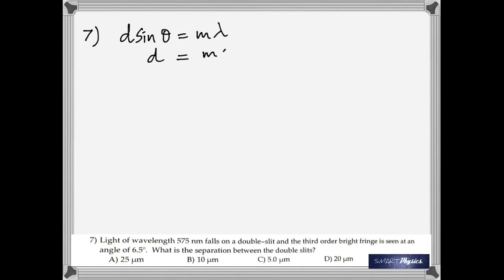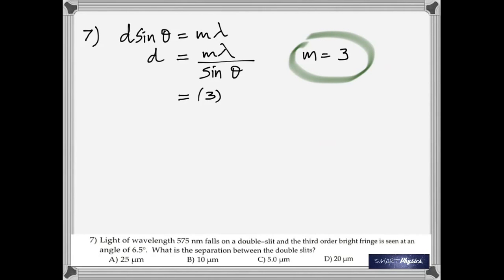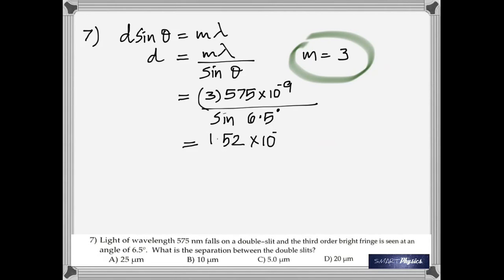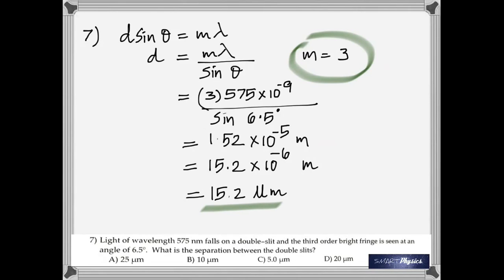It's talking about bright fringe, and you got to calculate D. M is 3, lambda is given, change it into meters, sine of the angle, and you have the answer. If it's in micrometers, it's going to be 15.2 times 10 to the negative 6. So in micrometers, it'll be just 15.2 micrometers.